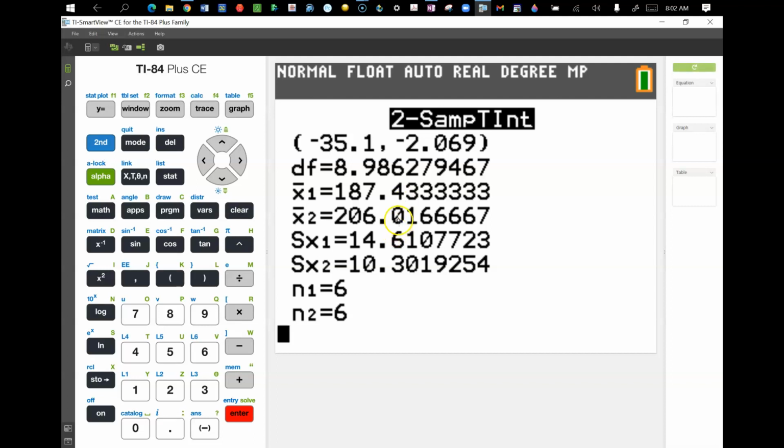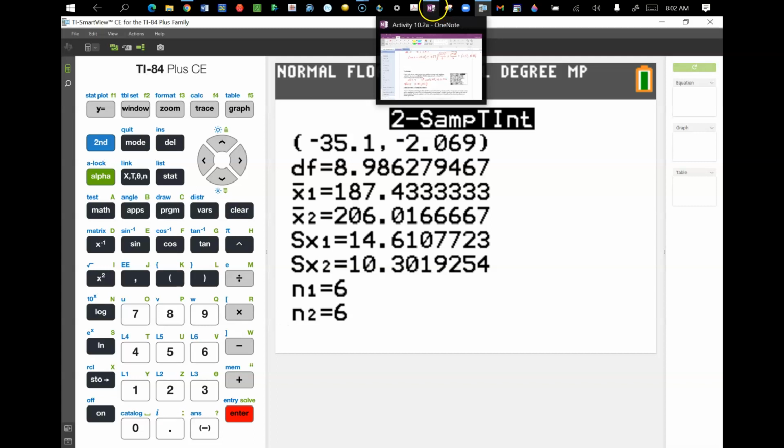Same degrees of freedom, same sample means, same sample standard deviations, and so on. So this doesn't change our conclusion. It just changes the way we write our confidence interval. So remember these numbers, negative 35.1 to negative 2.07.